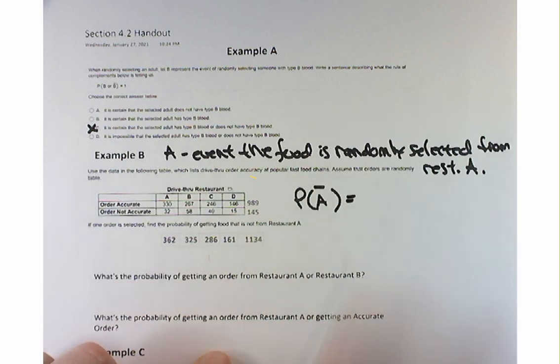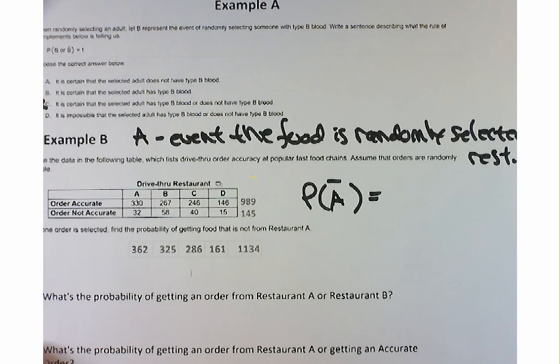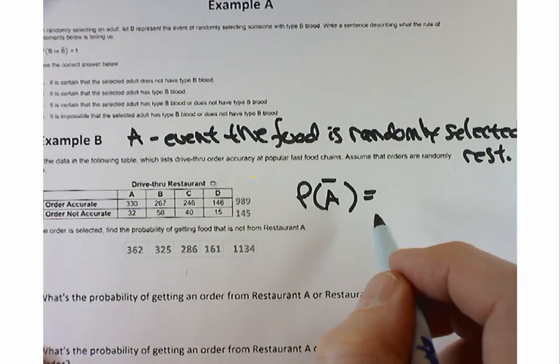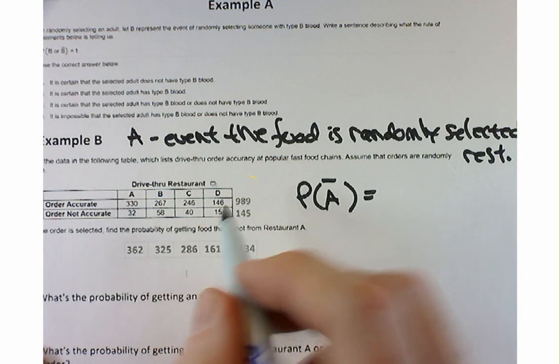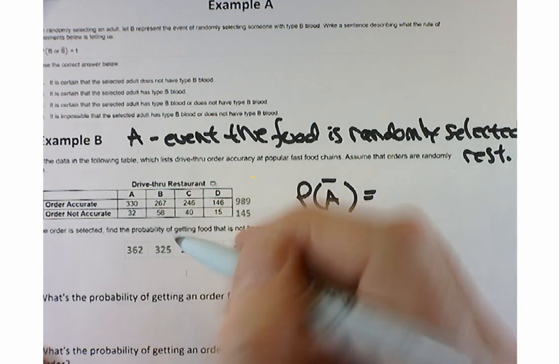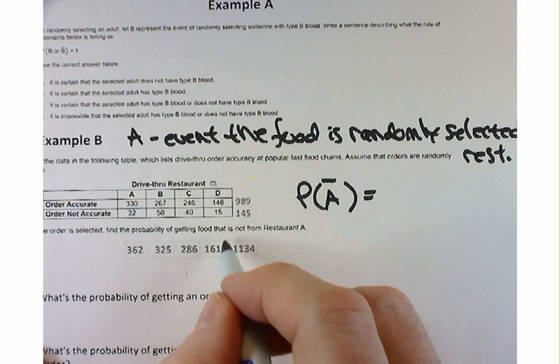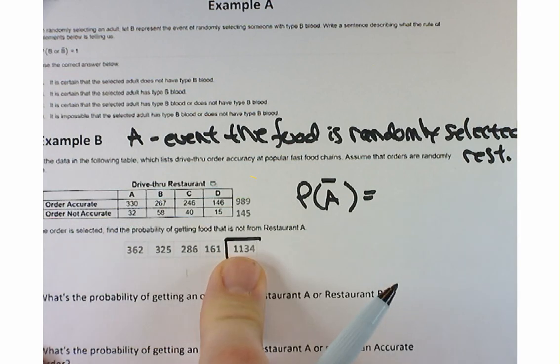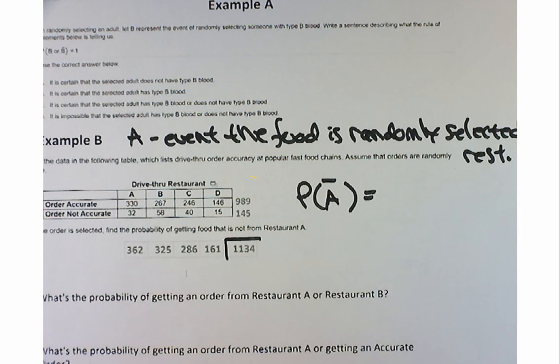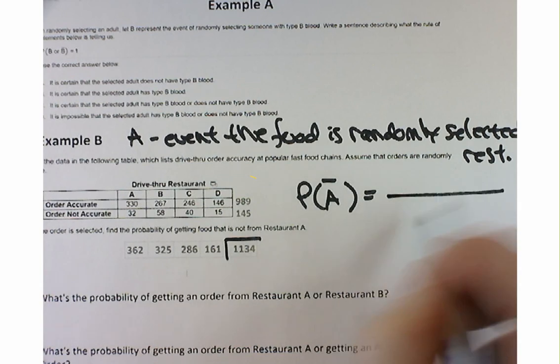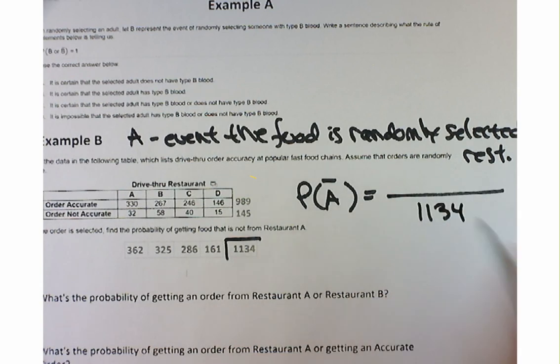Now there's a couple ways I can calculate this probability. One of them is kind of directly. Now I'm not sure if this is clear or not, but these are the marginal totals. So there's a total of 1,134 orders in this survey. So 1,134.